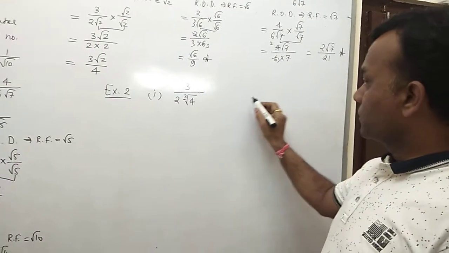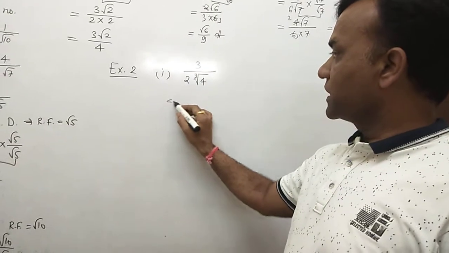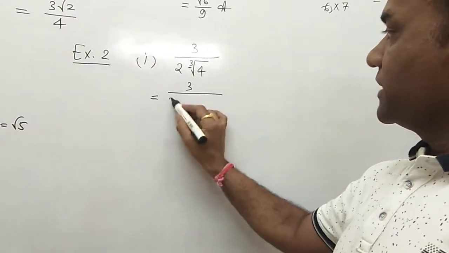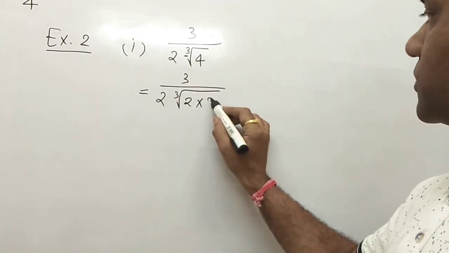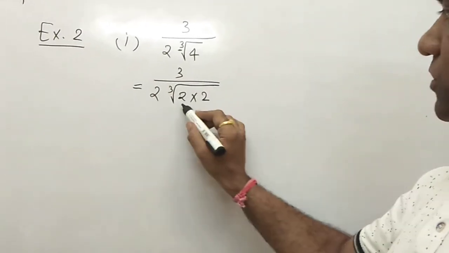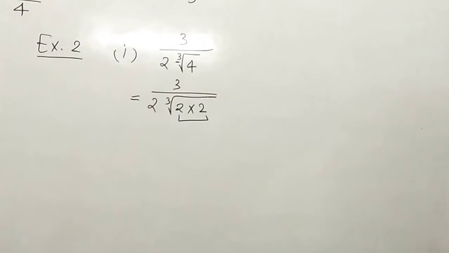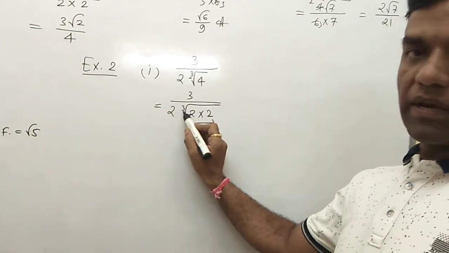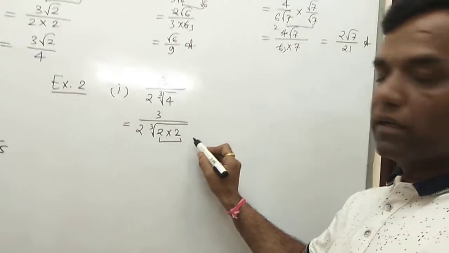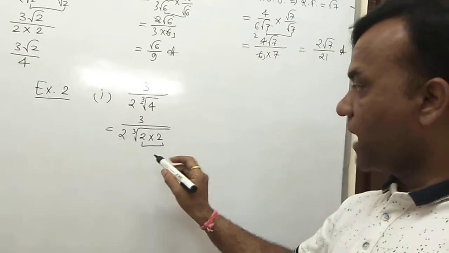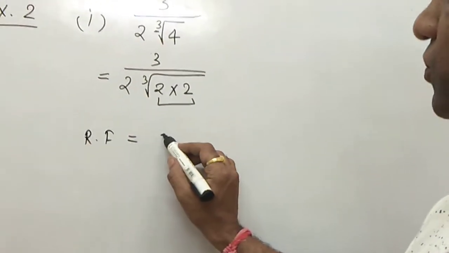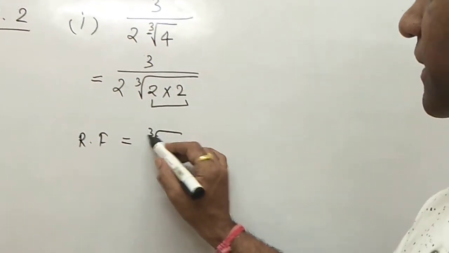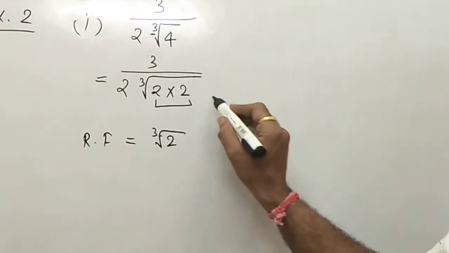You have 4, so first you write down the concept for cube root: you have 2 into 2. This 2 is given only 2 times, but your requirement is 3 times. So only one more 2 is required. So what is your RF? You write down the RF as cube root of 2 only, because you require a single term.